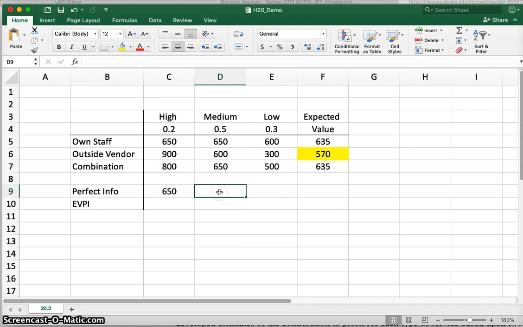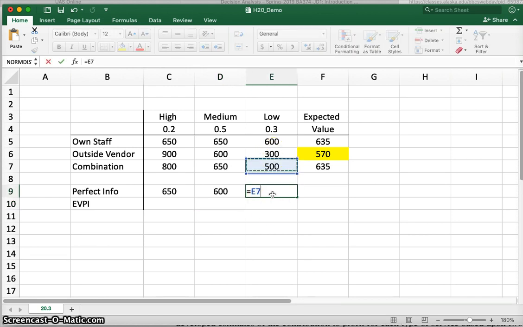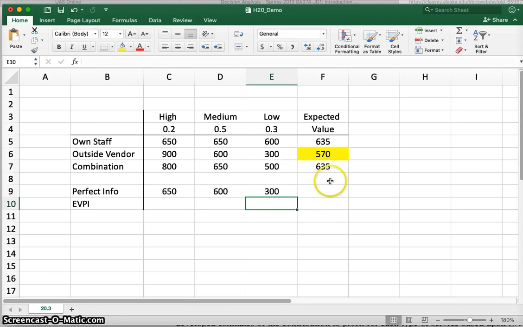And if the demand was low, it would be this one. Okay, so if I had perfect info, what would the expected monetary value be?